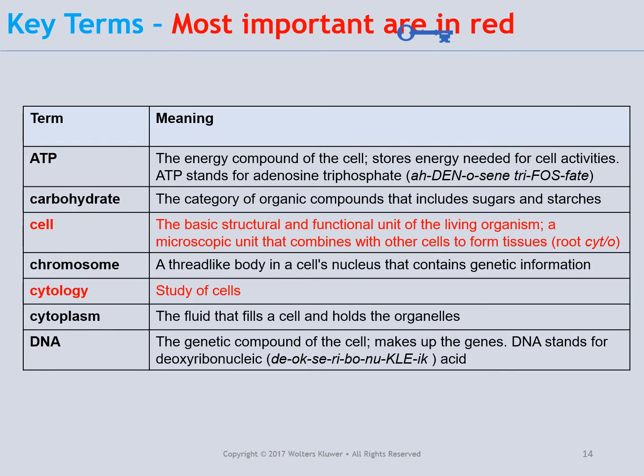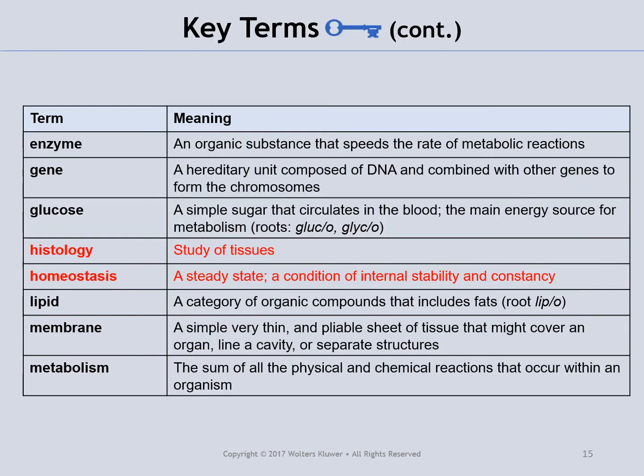So key terms, we'll look at the most important ones. The cell is the basic structural unit, and cytology is the study of cells. Histology is the study of tissues, and homeostasis is a steady state of internal stability and constancy.